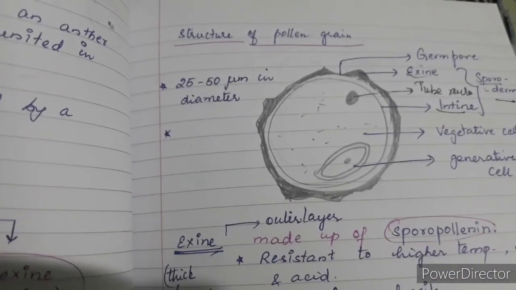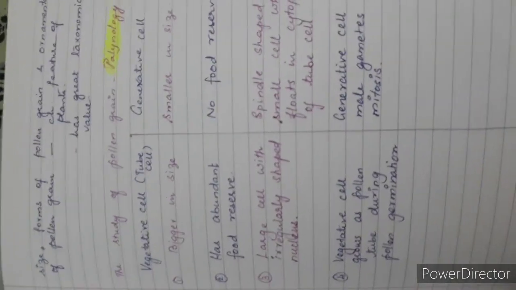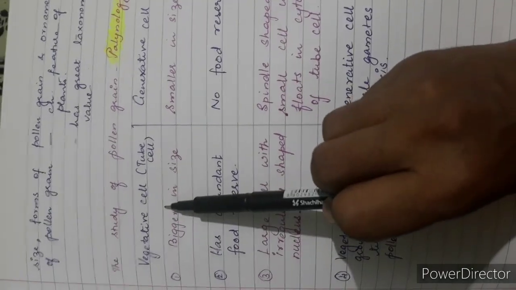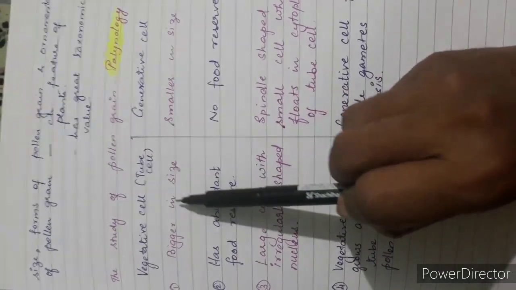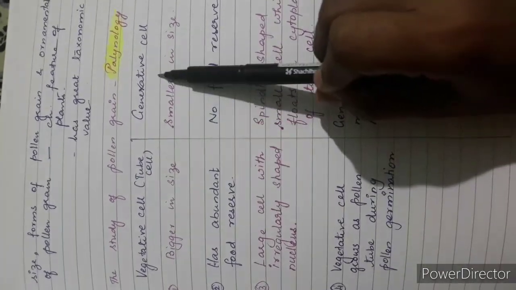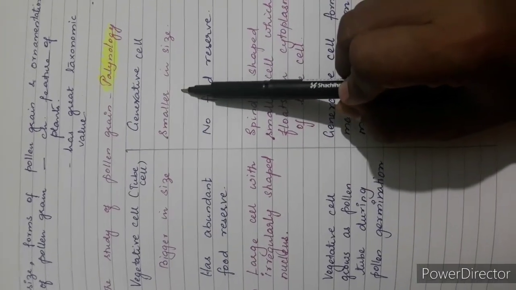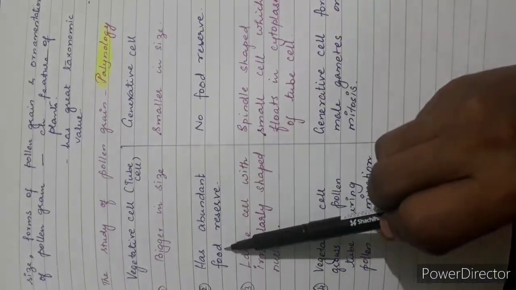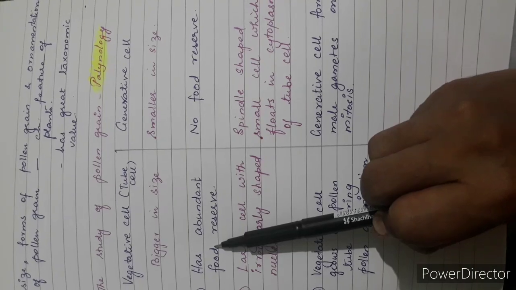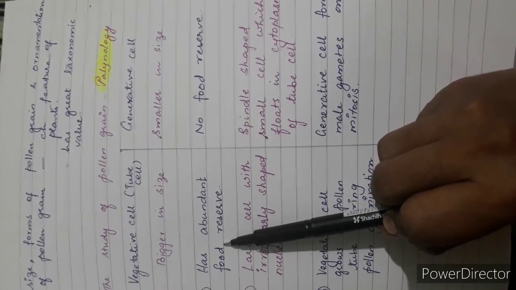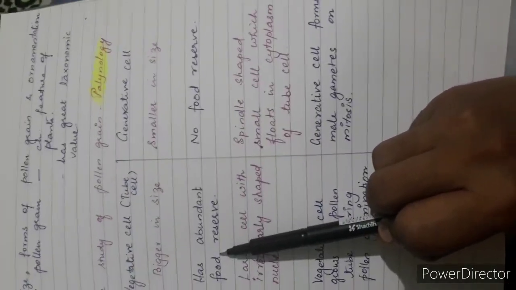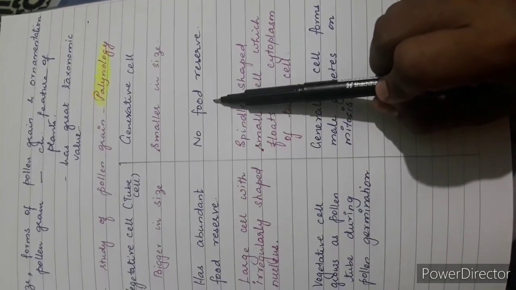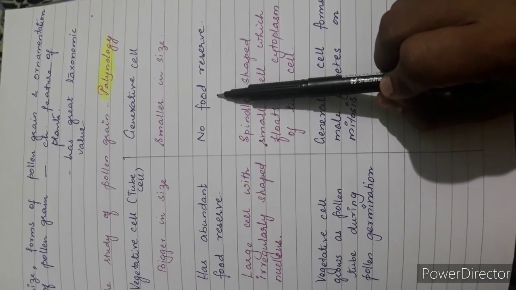The next thing we have to look at is the difference between the vegetative cell and the generative cell. Here is the difference. The vegetative cell is also known as the tube cell. It is bigger in size compared to the generative cell, which is comparatively smaller. Why is the vegetative cell bigger? Due to the presence of abundant food reserve for pollen germination, and the generative cell has no such food reserve.